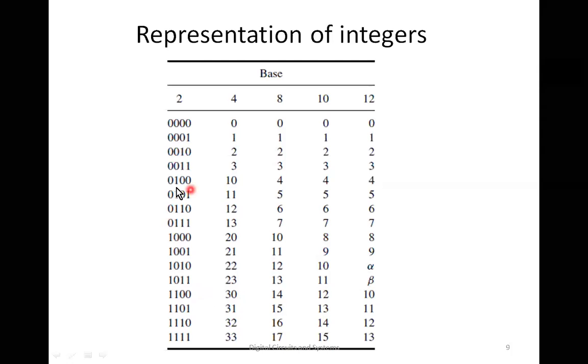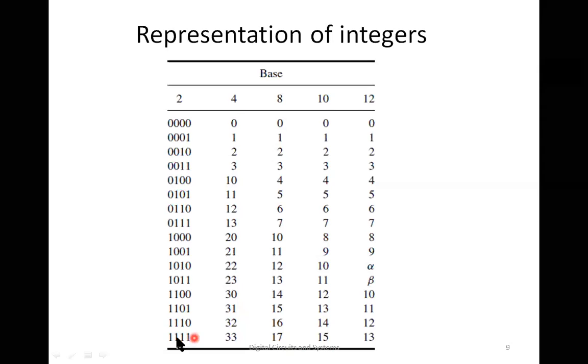And the same is true for all the rows. What it means is, 12 in base 4 is equivalent to 6 in base 8, 6 in base 10, 6 in base 12, and 0110 in base 2.